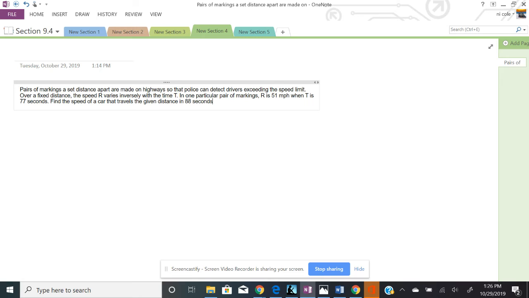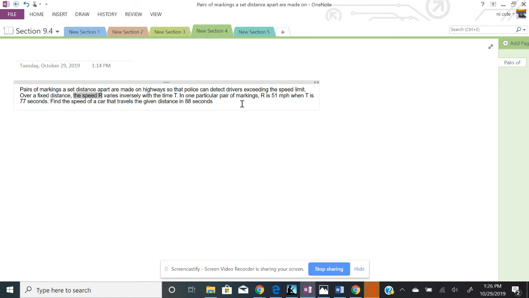What about when we go to something that looks more like this? It says pairs of markings a set distance apart are made on highways so that police can detect drivers exceeding the speed limit. Over a fixed distance, the speed r varies inversely with time.